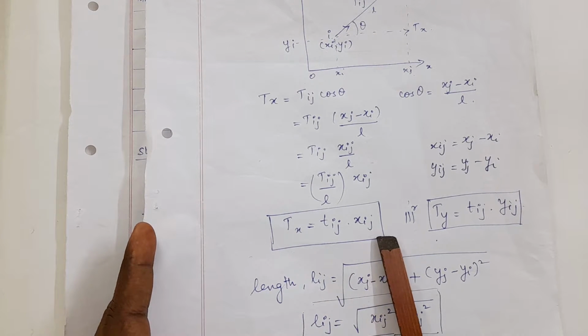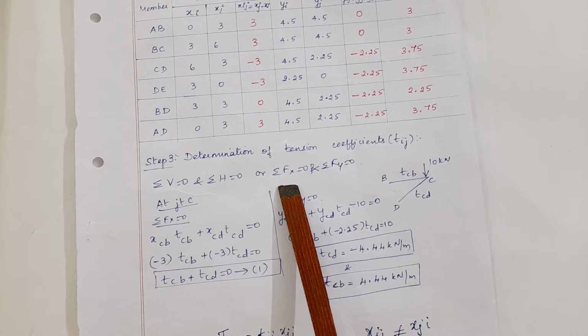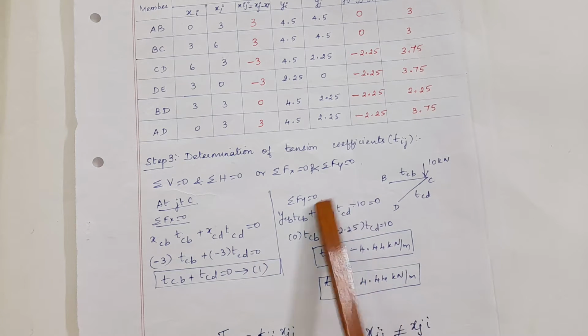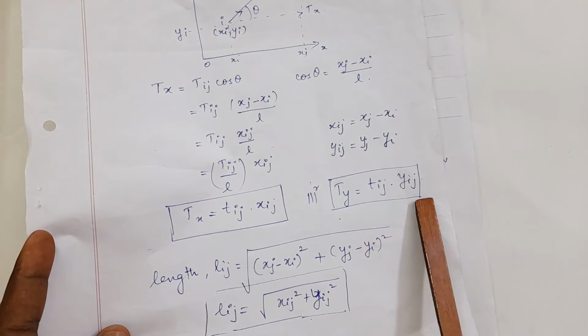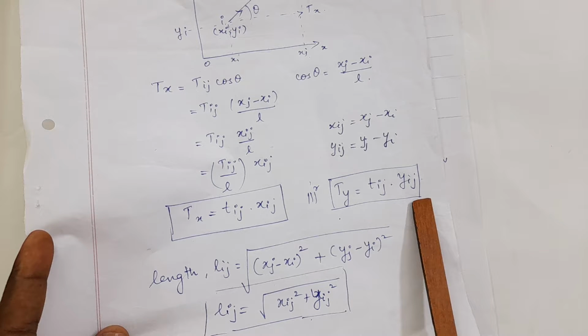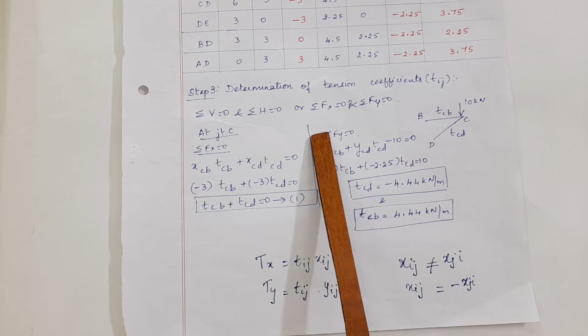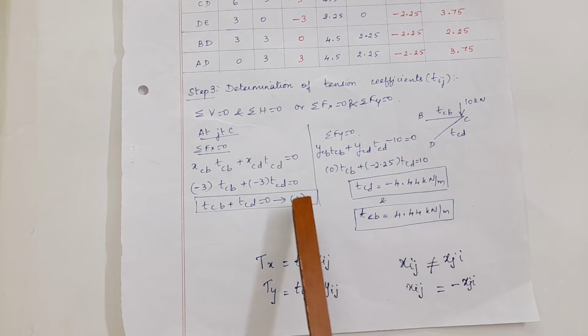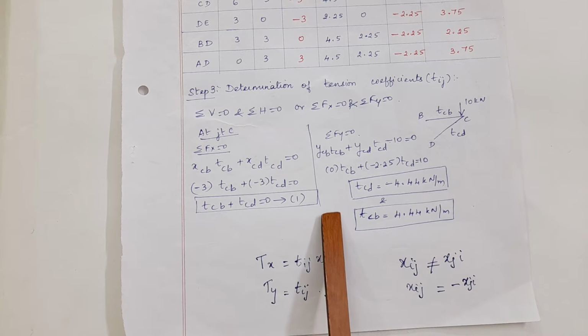So whatever is the total force acting in the x direction, summation has to be done and equated to 0. Same way along y direction, Ty is equal to Tij into Yij. We are going to write equations in such a way that solving we get the tension coefficient in each member and finally the final forces in all the members.